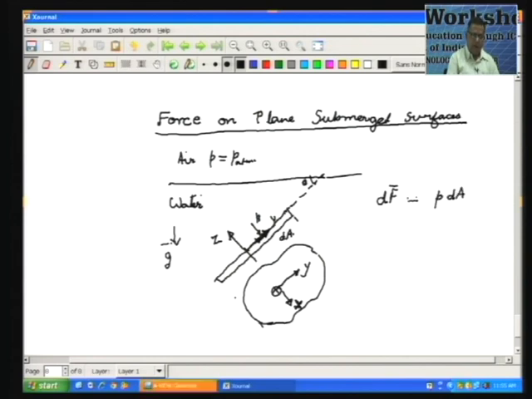The pressure is the intensity of the force. So, this is in Newton per meter squared, and this is meter square. So, this gives you Newton.